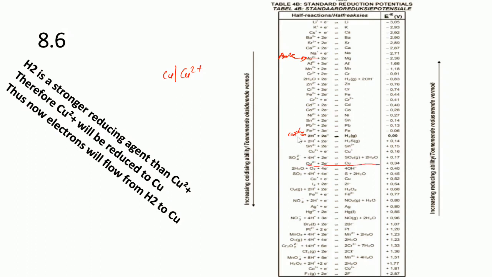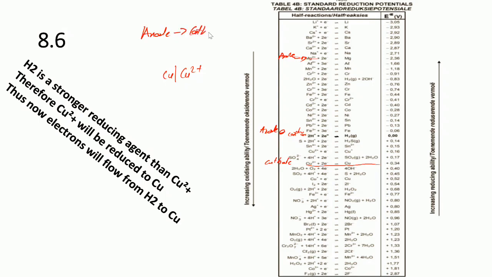But can you see what is going on here? Now, since we replaced this one with the copper ion, this whole thing changes. The hydrogen electrode now is the anode because it is the one that is above, and here we have this one now acting as the cathode. Remember, electron flow is always from the anode to the cathode.